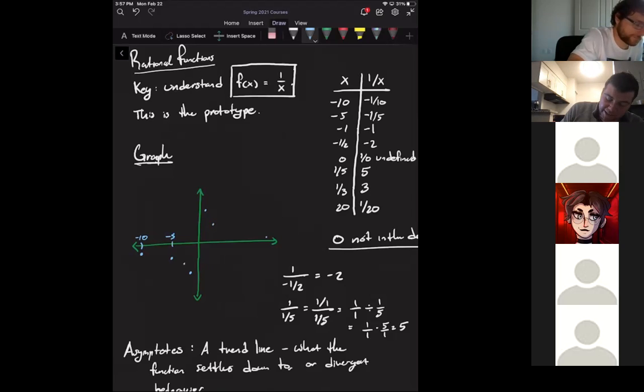It will connect smoothly like this. Now when we're approaching 0, we're actually going to get shot up like this. And when we're approaching 0 on the other side, it's just going to continue going down.